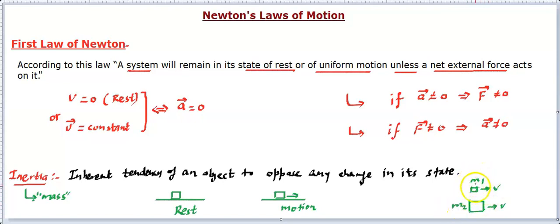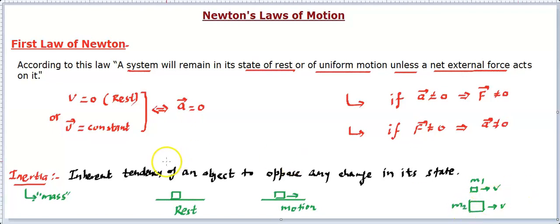So the object with less mass will be easy to stop, that means its opposition to change is smaller. That means its inertia is smaller when compared with this one, and it is going to be harder to stop M2 because it is of large mass, and you can experience that in practice. Because of the large mass, it has more inertia. That means it needs a larger force in order to stop M2.